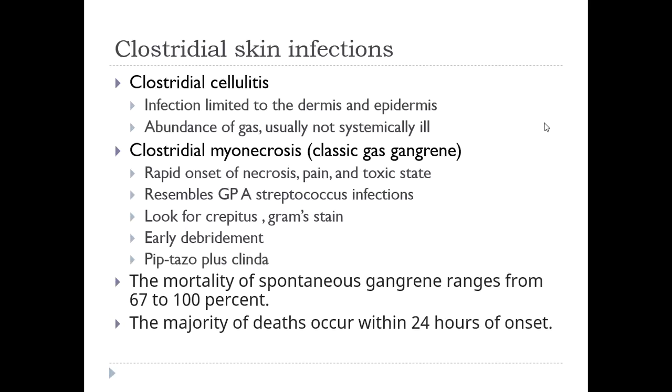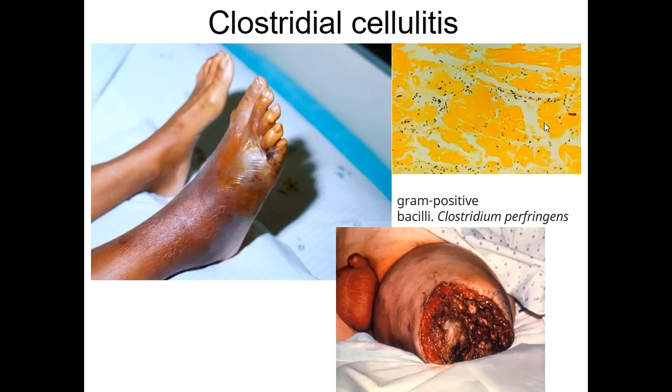And the majority of the deaths occur in 24 hours. So very aggressive treatment is needed. There are patients whom we have salvaged also, so not to discourage anyone, but this is how they look after a trauma. Classical history: fall on the road, knife injury, dagger injury, bullet wound, and then this kind of picture.